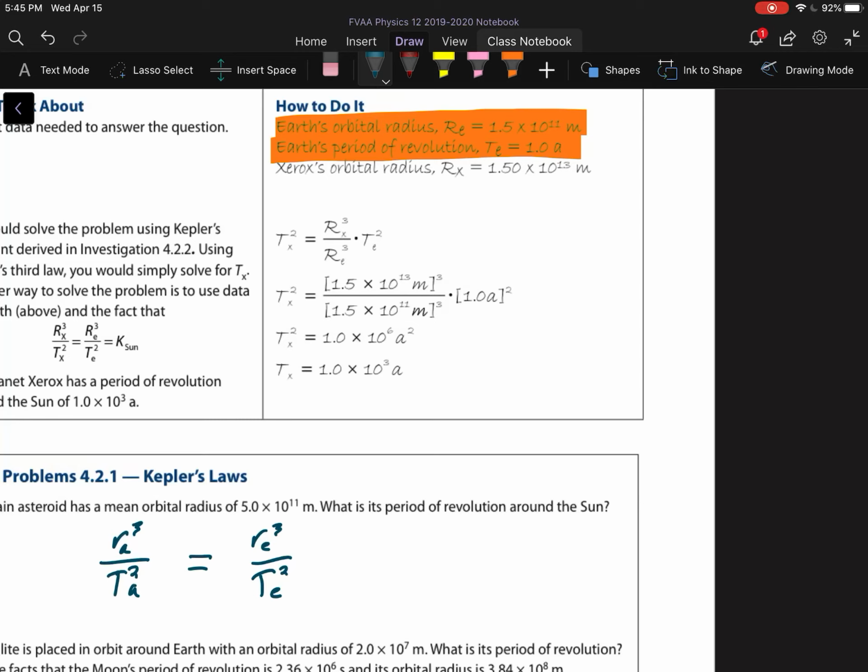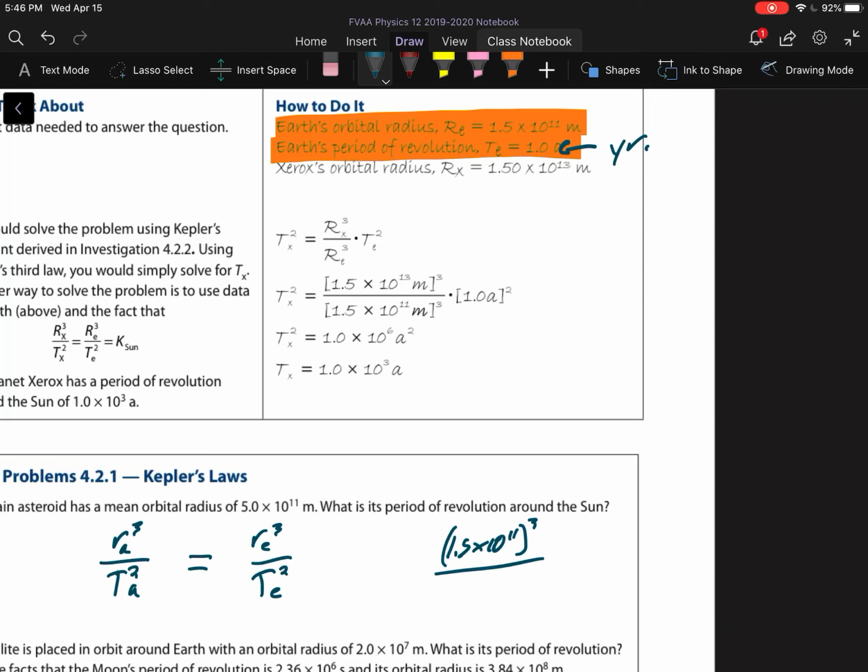So I have an R value of 1.5 times 10 to the 11 for Earth cubed, divided by the period for Earth, which is, we'll measure it in years, 1 year. Okay, that's what this unit is here. That's year.